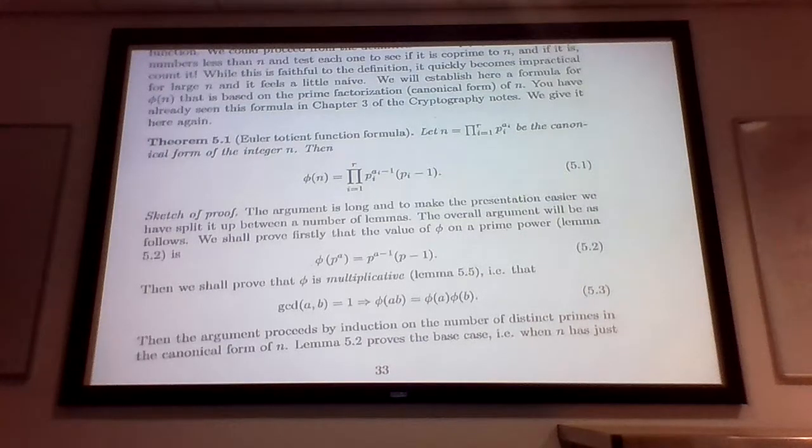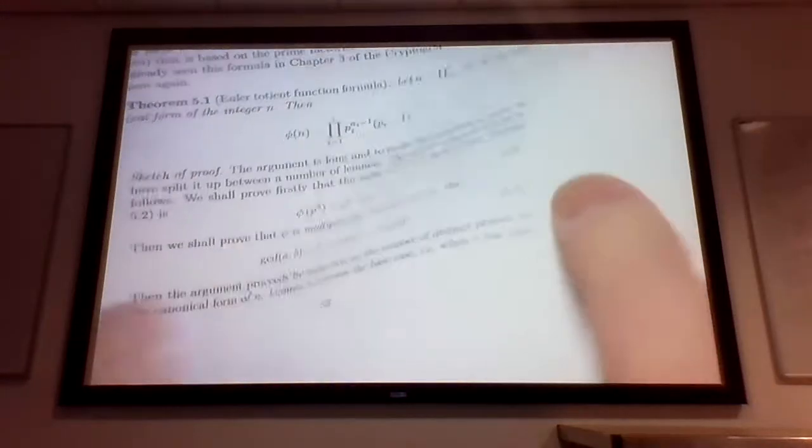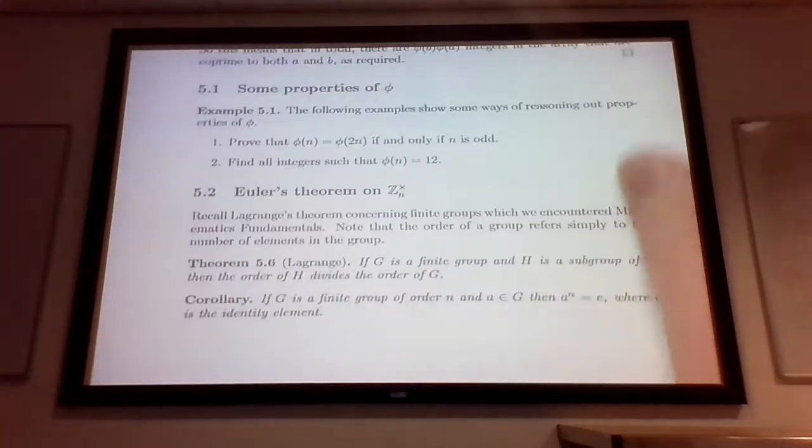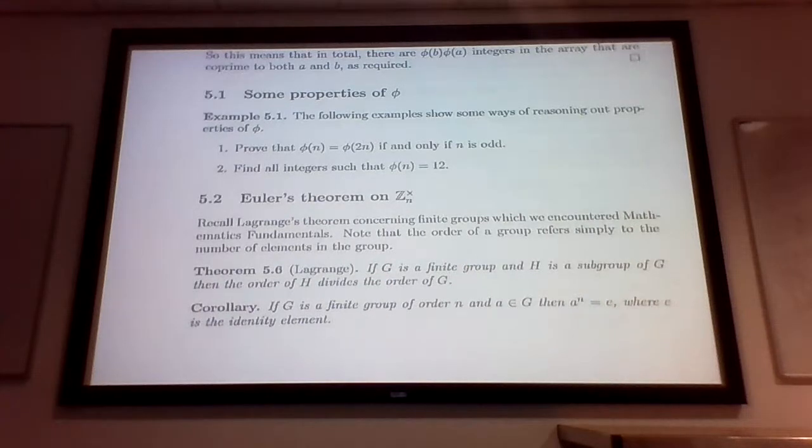So if you evaluate it on a product AB, where A and B are co-prime, the value is equal to phi of A times phi of B. So very much we're applying those two properties along with things we already know, such as the fundamental theorem of arithmetic. So we're seeing lots of applications of these results and learning more about phi at the same time.